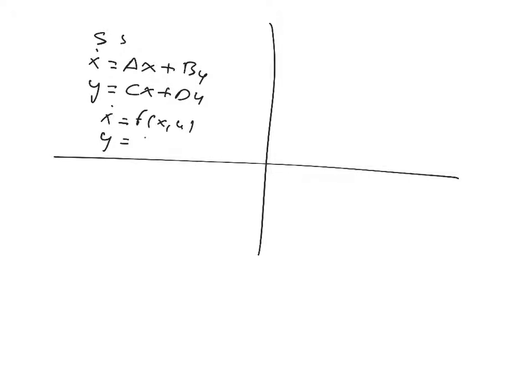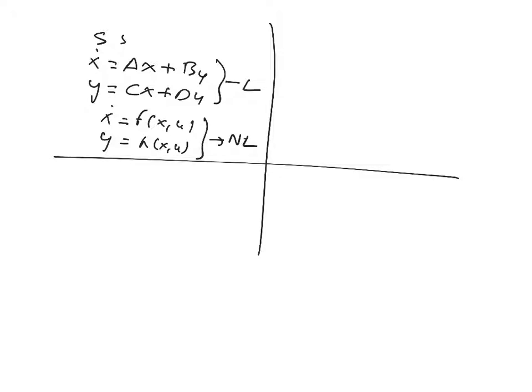We have state space: x dot equals Ax plus Bu, y equals Cx plus Du, and this is a linear state space. Or x dot equals f of x, u, y equals h of x, u. This is linear. This is non-linear.